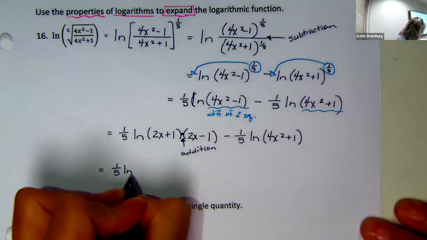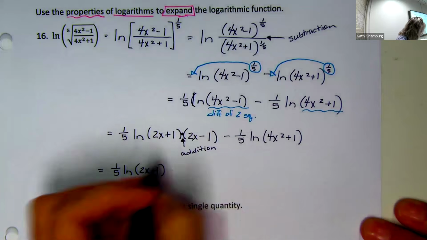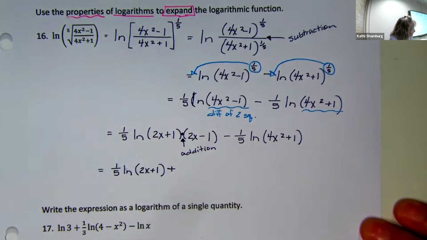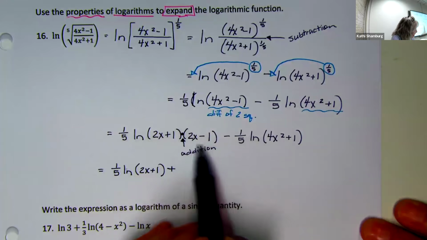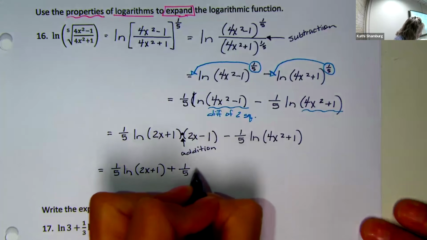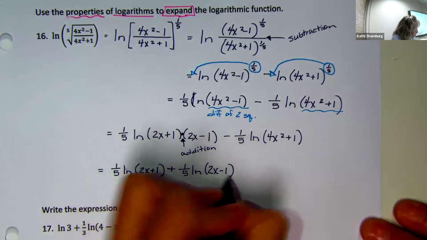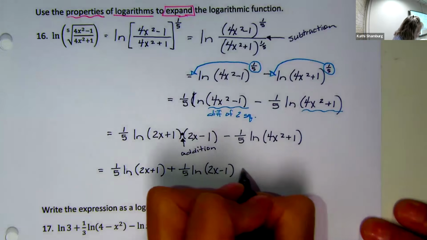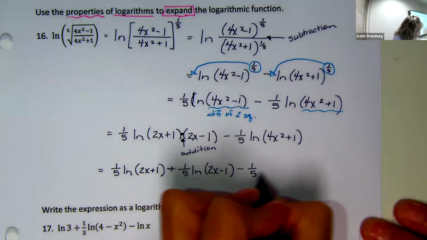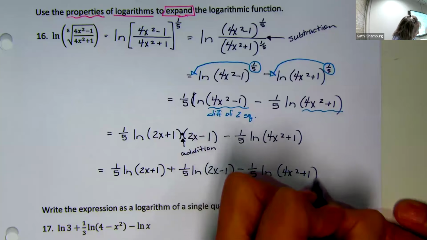1/5 the natural log of 2x plus 1. Now I'm going to put plus. Now, this also has the 1/5 natural log. So you still have to put 1/5 natural log of 2x minus 1. And then we have minus 1/5 natural log 4x squared plus 1.